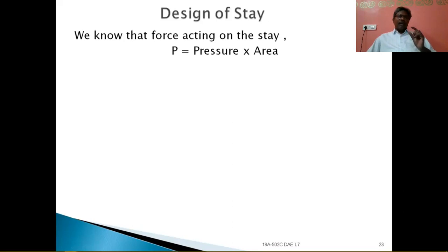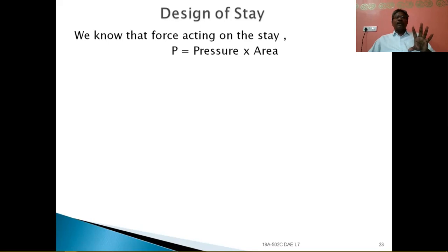So the area of the plate supported by each stay will be x square, and small p will be the pressure acting on each plate. So capital P will be the force acting on the plate.